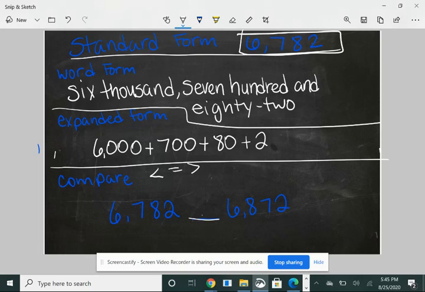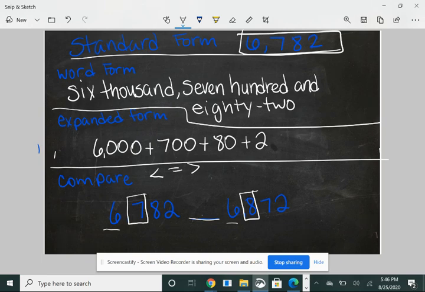And here I see that the first digit in each number, which is in the thousands place, they're both the same. So I can't use that digit to compare these because they're the same. They both have 6,000s. So I have to go to the next digit, the next place value, and if they're the same, then I have to move on. Fortunately here, the next digits in each number are different. So I can compare them.